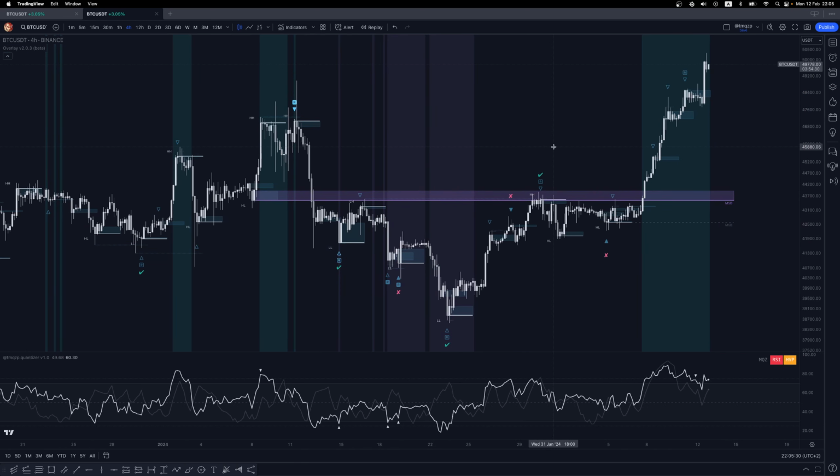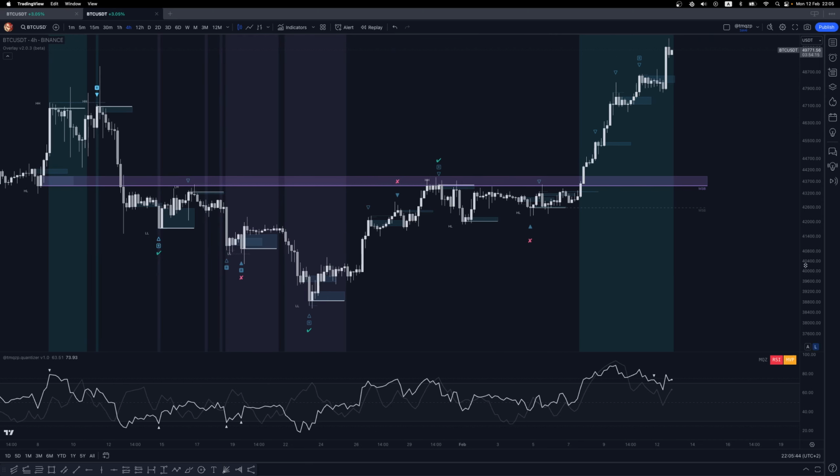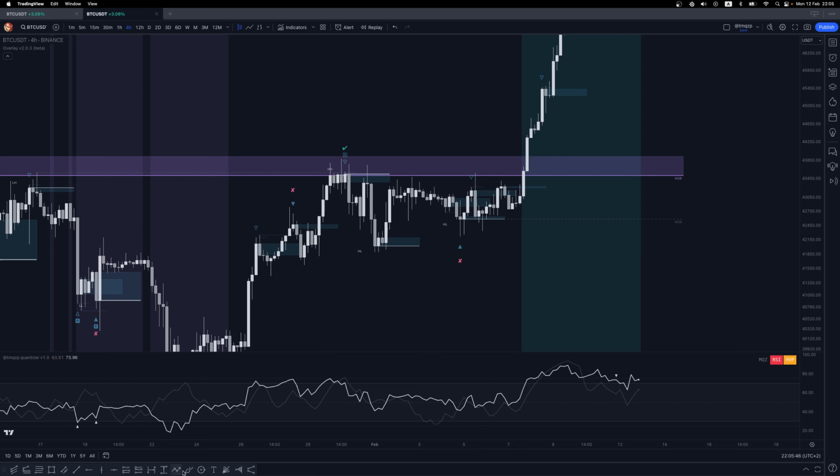Anything else? Yeah, so the tooltips, I covered that. I also added tooltips to the market structure labels. As you can see here, it tells you there's a higher low, and it also tells you the close and the wick price, right? So the close and the wick of the low, you can see here, 24.015, 41.884.